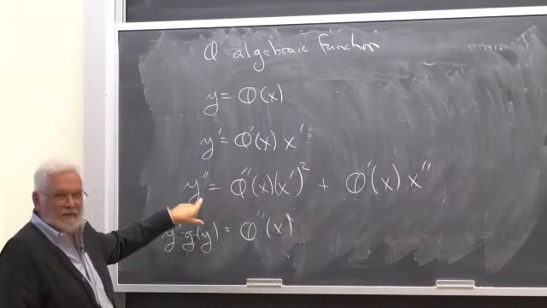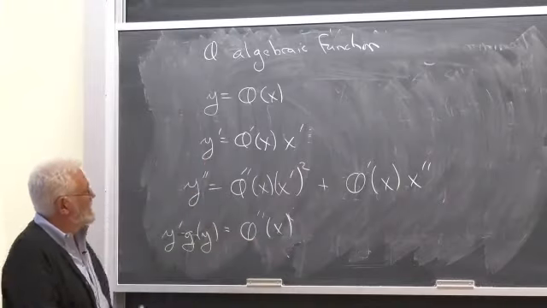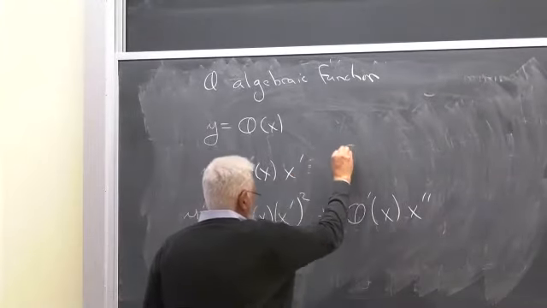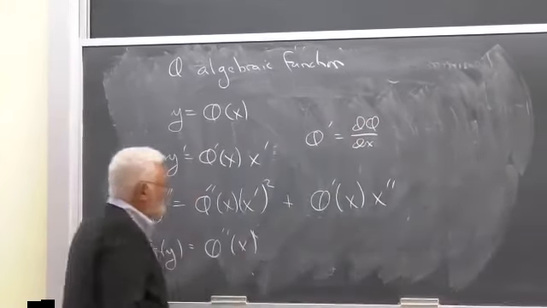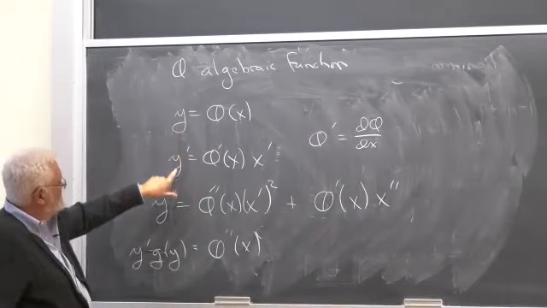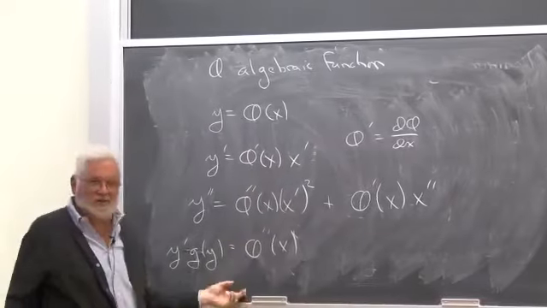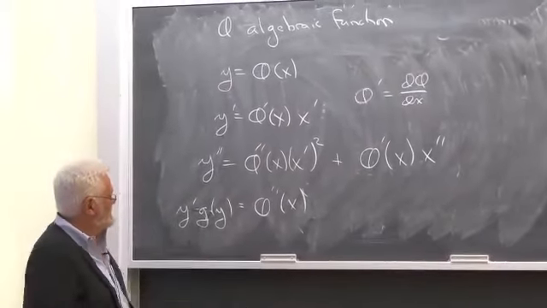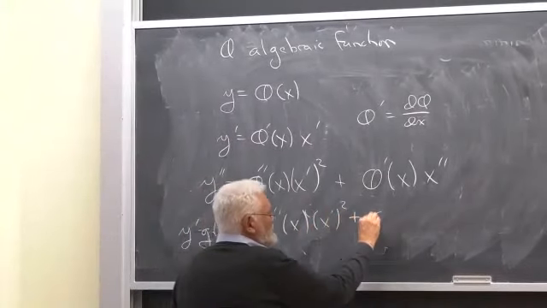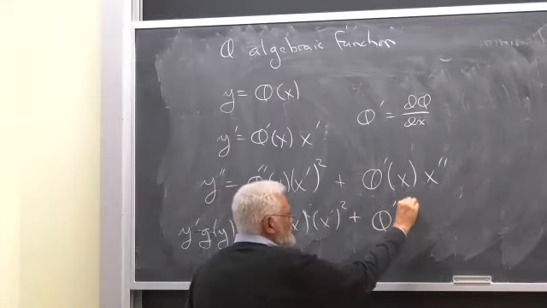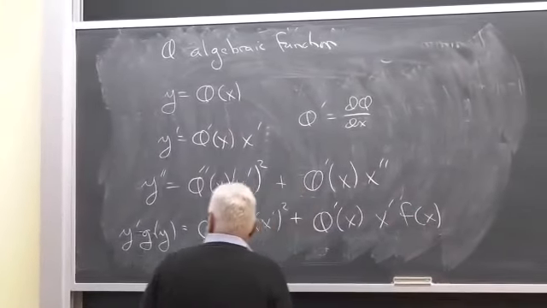Pardon? This line? Yeah. So by phi prime, I mean just the formal derivative, just the chain rule. I have a function applied to x. To differentiate that, I differentiate the function, then differentiate what's inside. Okay. Now I replace x double prime by x prime f of x.